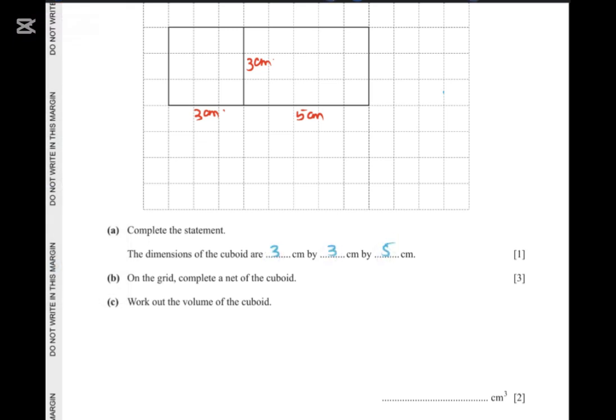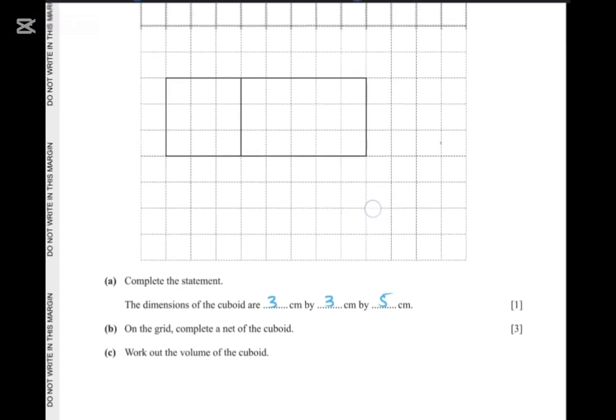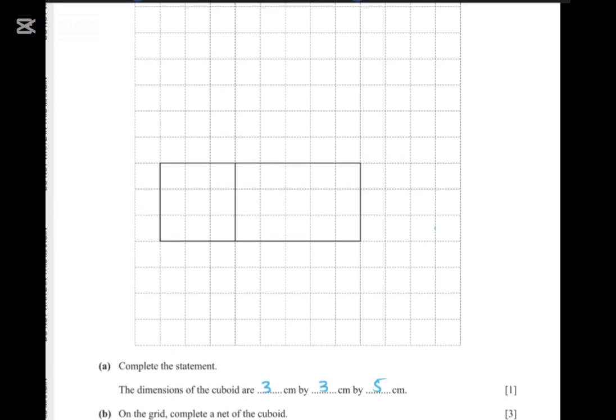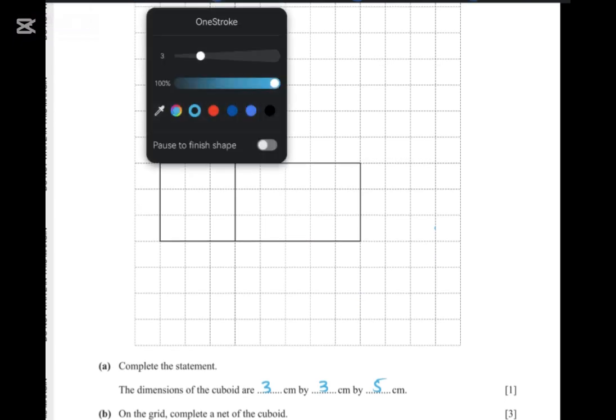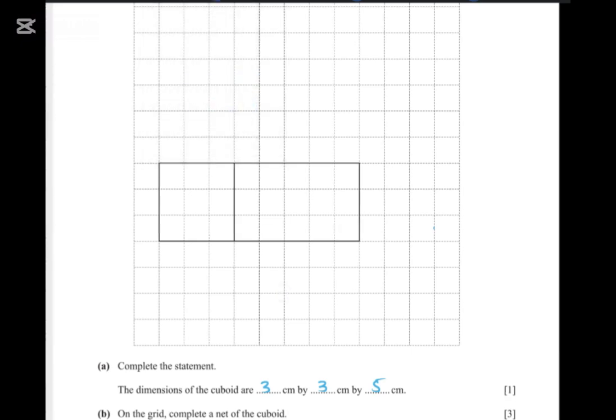Question B. On the grid, complete a net of the cuboid. Now we need to complete the net of the cuboid here. For that we will complete the net by drawing the same type of rectangle and square. You can draw the same rectangle below it.